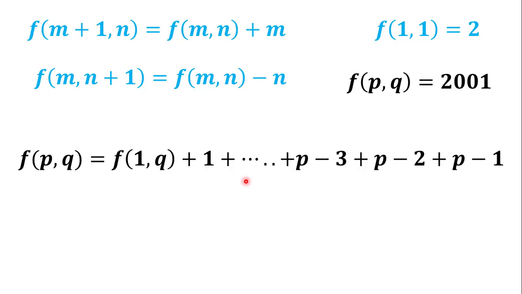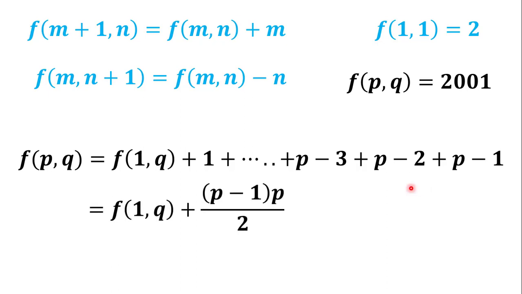So 1 plus 2 plus 3 up to p minus 1 is going to be p minus 1 times p minus 1 plus 1 over 2. p minus 1 plus 1 is going to be p.